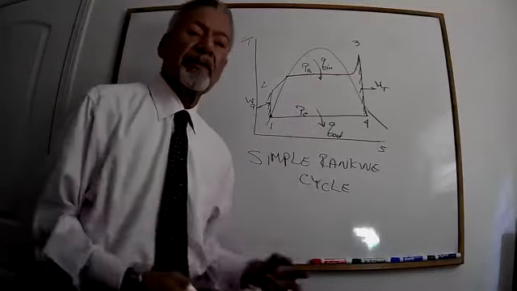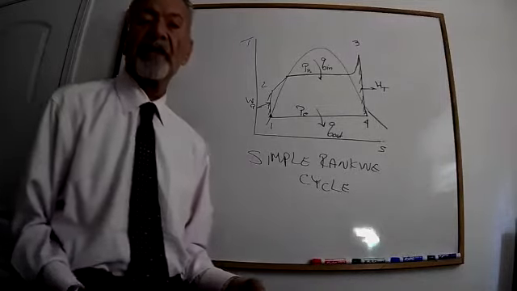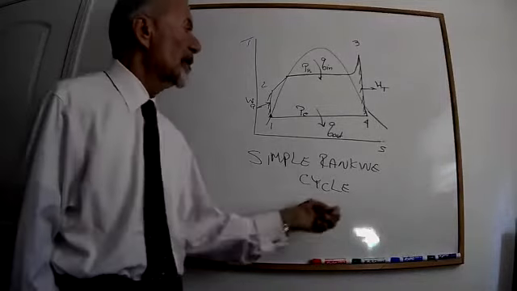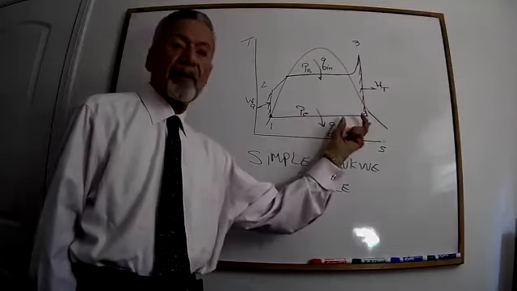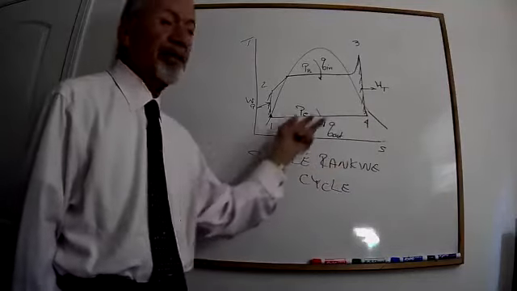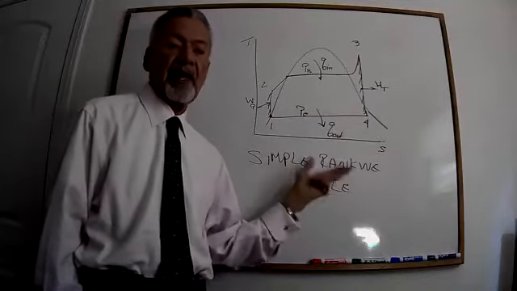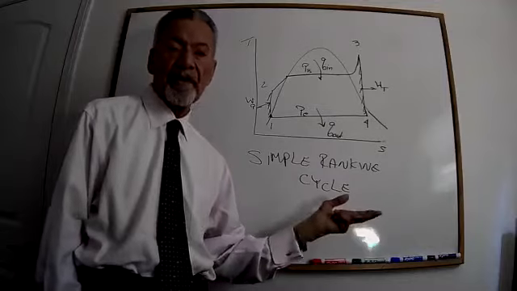No matter what we do to this cycle, how many changes we do, how much equipment we add to it, the concept of compression and expansion being isentropic, heat addition and heat rejection being constant pressure remains the same throughout.